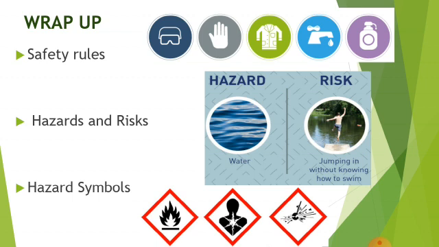Now tell me the hazards. What do these symbols mean? At the left it is for burning, that is flammable. In the middle one it is for serious health hazard. It can cause long-term health problems. And the last is for explosive. Some substances, some chemicals, they have explosive nature.